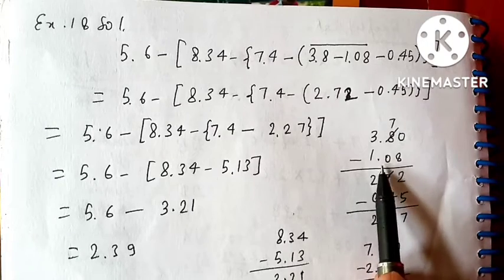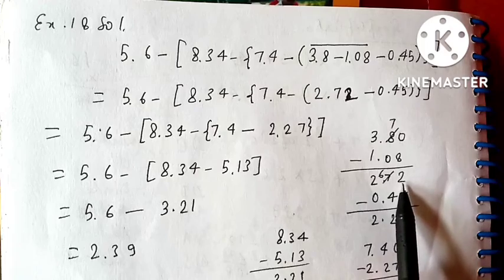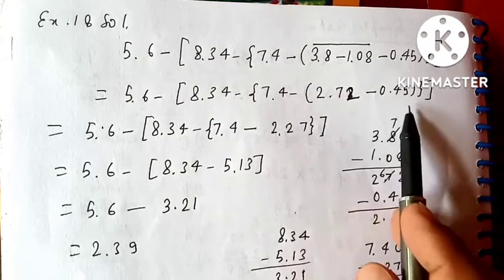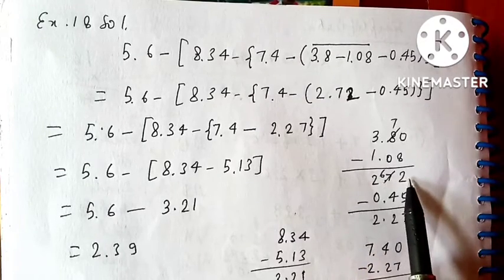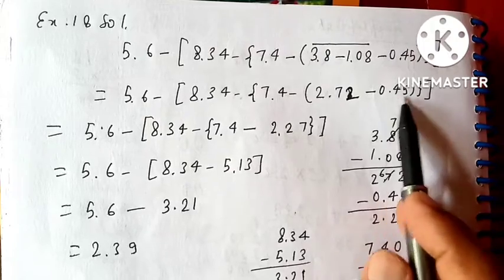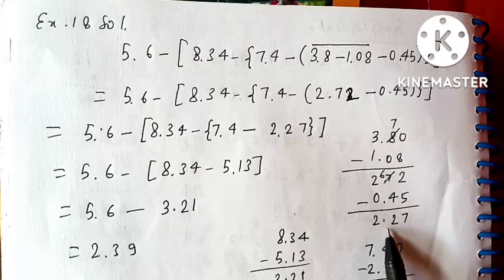Now subtract 1.08 from 3.80, we have 2.72. Then we have to subtract 0.45 from 2.72. After subtraction, we have 2.27.